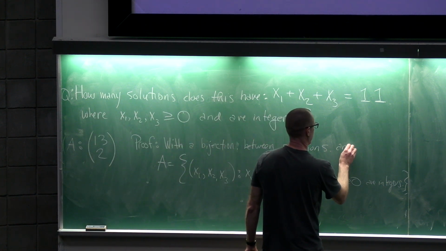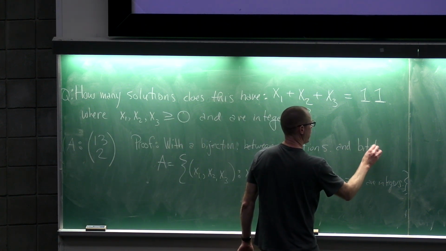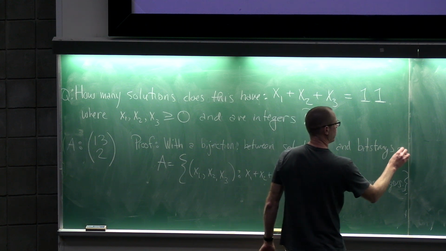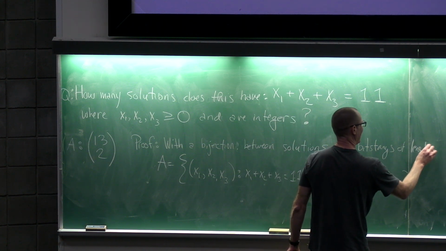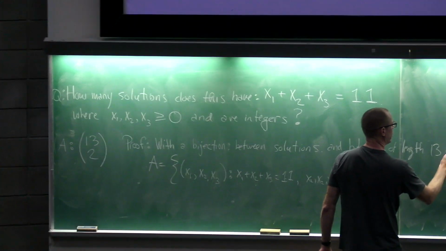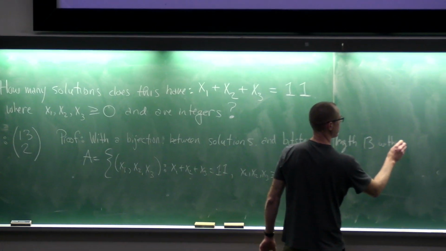And the set B is bit strings of length 13 with exactly 2 ones.